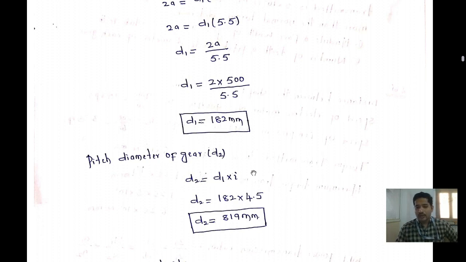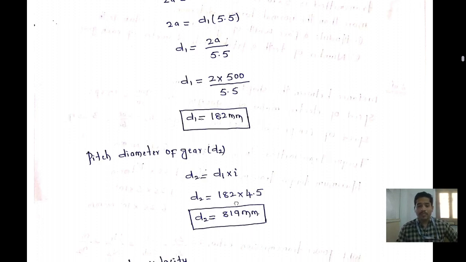D1, the diameter of the pinion, we got 182, and the power transmission ratio we got 4.5. If you multiply 182 into 4.5, you will get 819 mm. That is the value of D2. I hope no one has any doubt. So the diameter of the pinion is 182 mm, and the diameter of the spur gear is 819 mm.